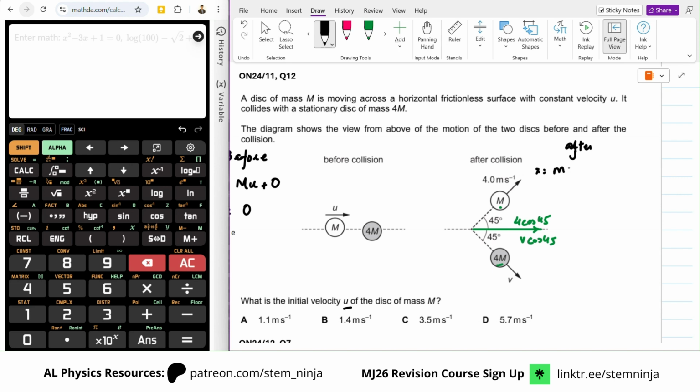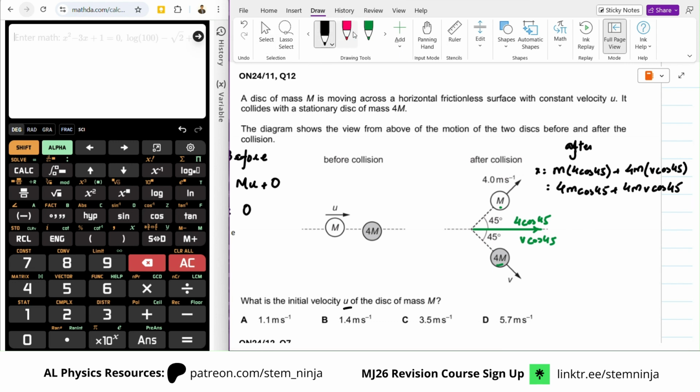So this is going to be m times 4 cos 45 plus, since it is in the same direction, 4m v cos 45. So this simplifies to 4m cos 45 plus 4m v cos 45. So basically you can say 4m cos 45 is common in both terms, but we can let it go for a minute.